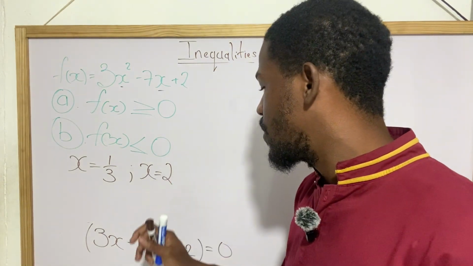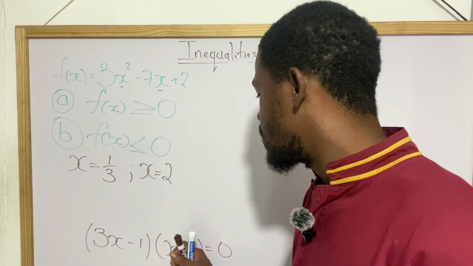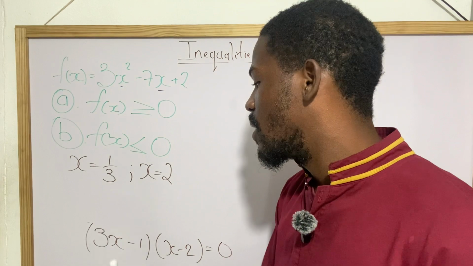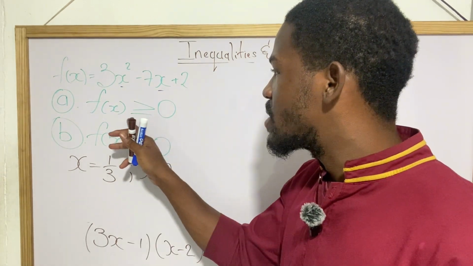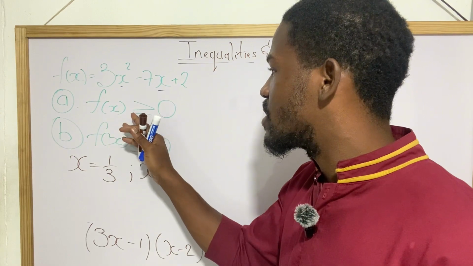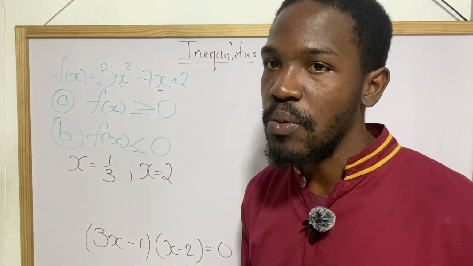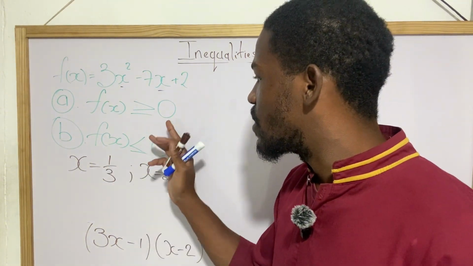And if I put 2 here, here, and here, you know that 2 minus 2 is going to be 0, and 0 multiplied by whatever this is going to equal is also going to give me 0. So we know that 0, based on the inequality, says that x is greater than or equal to 0. So we know that x equals a third is going to give me 0.